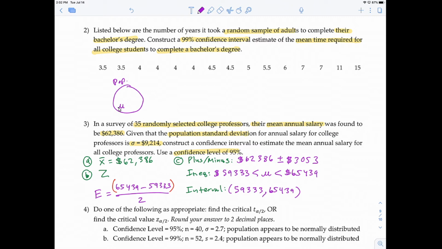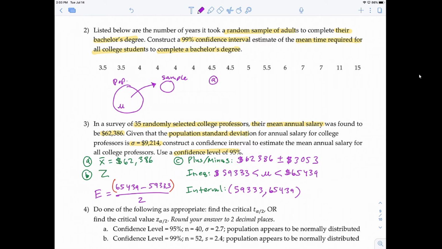So the population mean, mu, here would represent the mean time that it took a typical person, let's say a U.S. student, to graduate from college. There are too many students who graduate, so we take a sample. Here's the data for our sample, and we want to estimate mu from this sample.